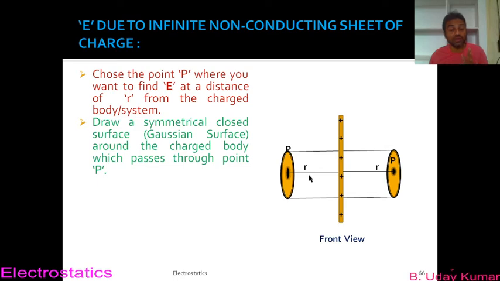If the height of the cylinder is not 2r and something else, it will not be a symmetrical Gaussian surface. Our condition is to construct a symmetrical Gaussian surface to make it convenient, and for that reason we have constructed a Gaussian cylinder here whose height is 2r.